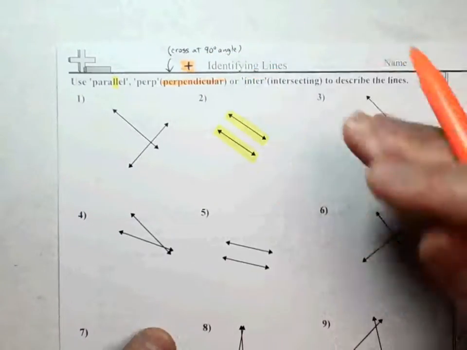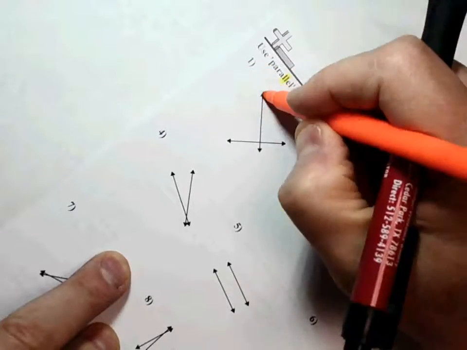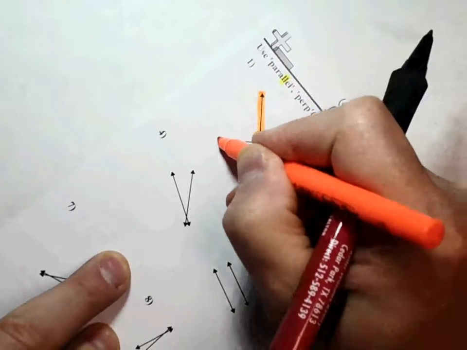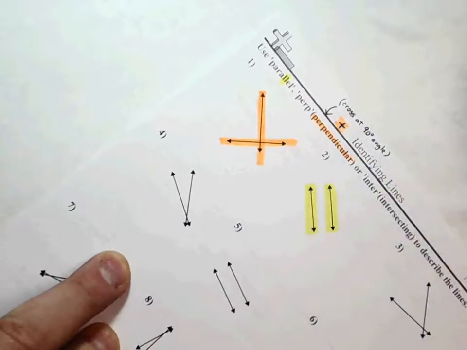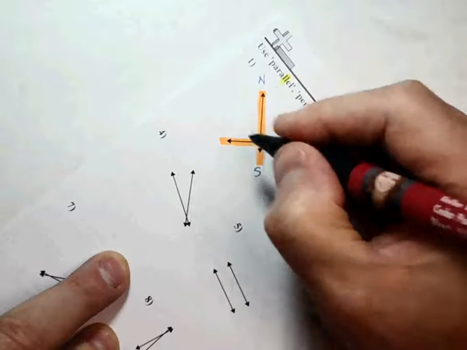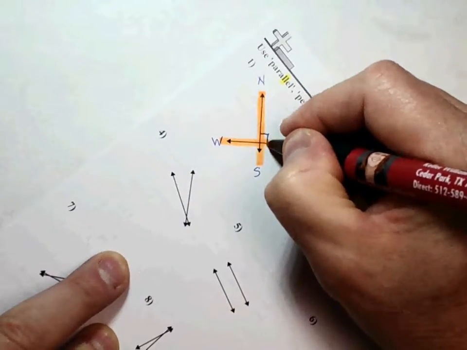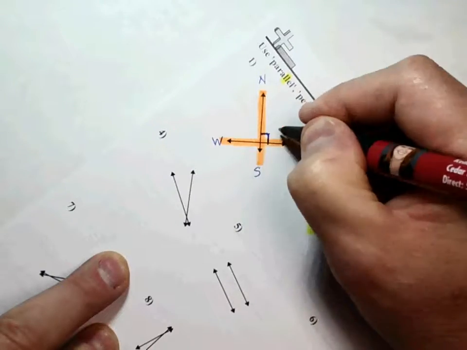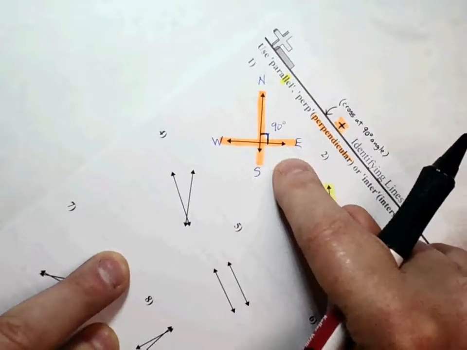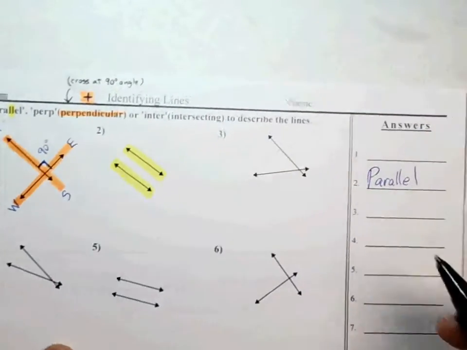So if I tilt my paper for number 1 and I highlight this, it looks like I could have a north, south, east, west, and this is 90 degrees right here. We can put a little box right here. If that's the case, then you have perpendicular lines. So this one is perpendicular.